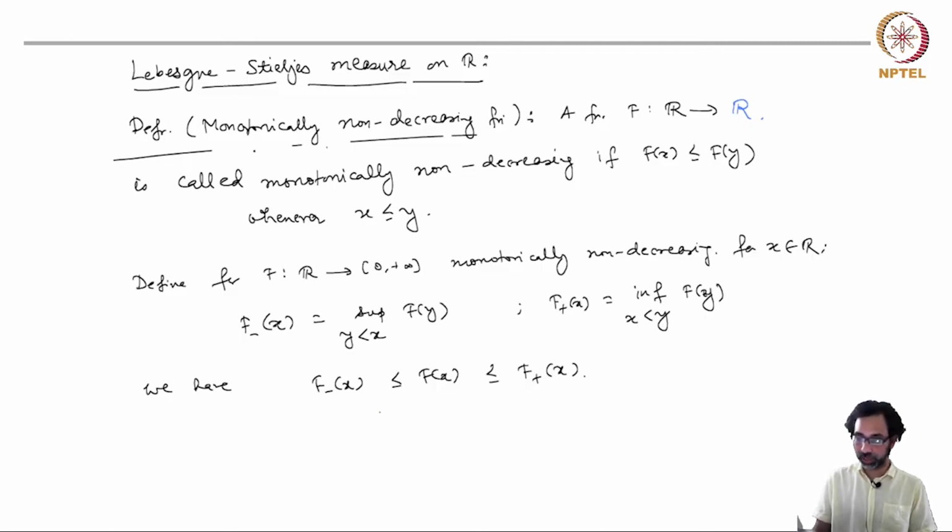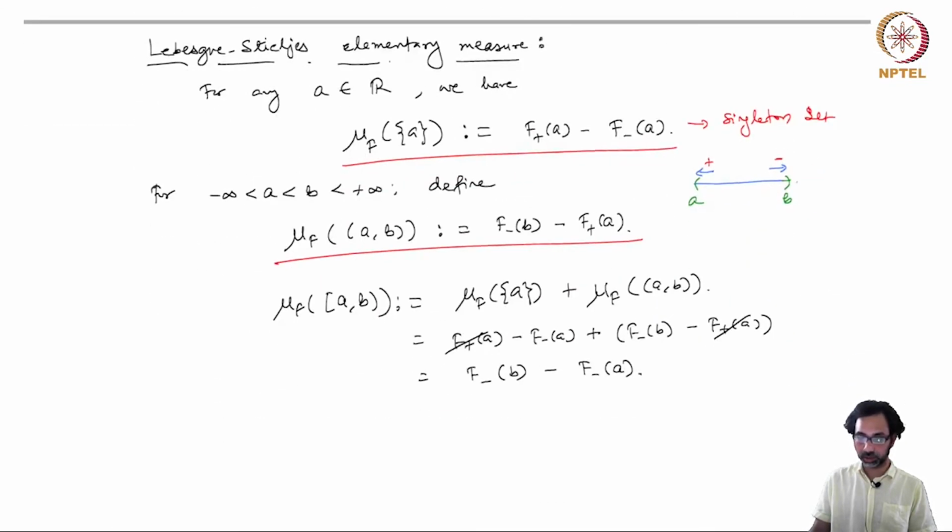So then mu f here is taking values in the positive extended real numbers because f is monotonically non-decreasing.